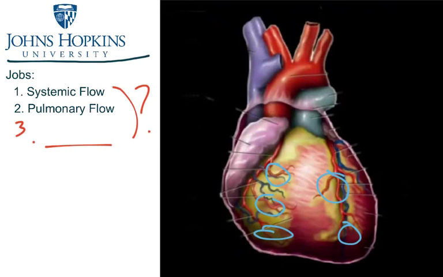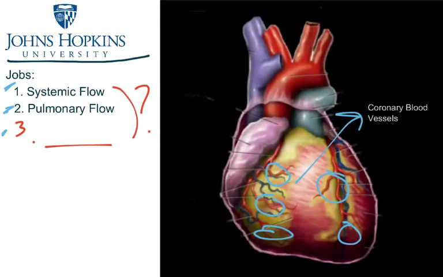But are they part of the systemic flow, the pulmonary flow, or something else? Well, these blood vessels, all of them together, are called coronary blood vessels. And so specifically, you might hear about a coronary artery or coronary veins, but together you can call them coronary blood vessels.